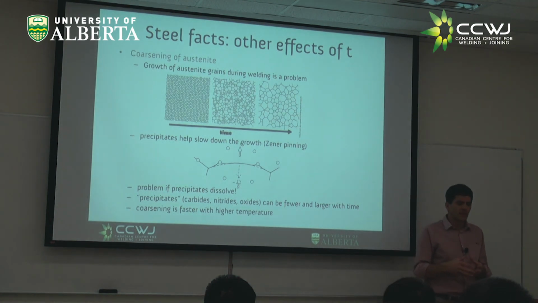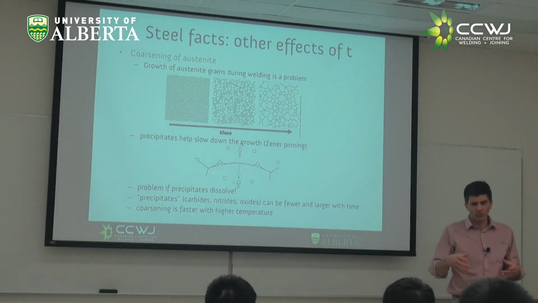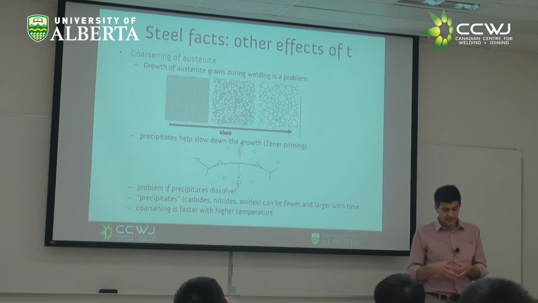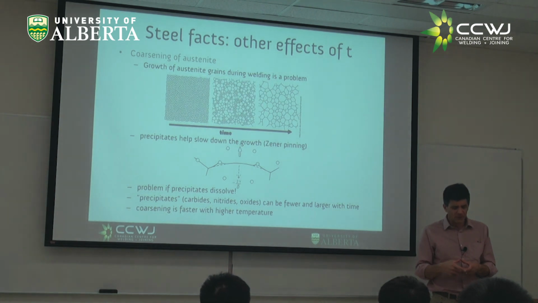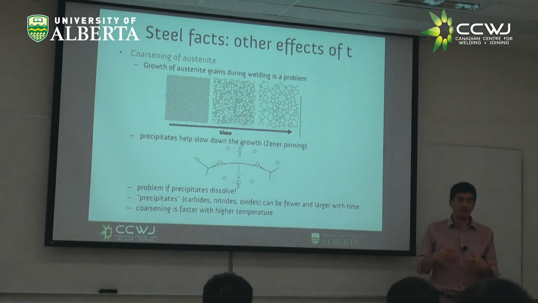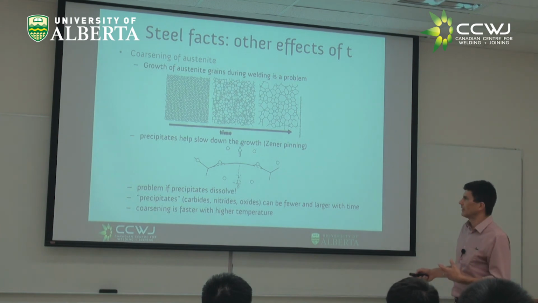So welding normal steel can end up in big coarsening, but welding other types of steels might not coarsen so much, right? And this is because these carbides pin it. However, if it gets too hot, things like the niobium carbides eventually dissolve, and the austenite can grow out of control, right?